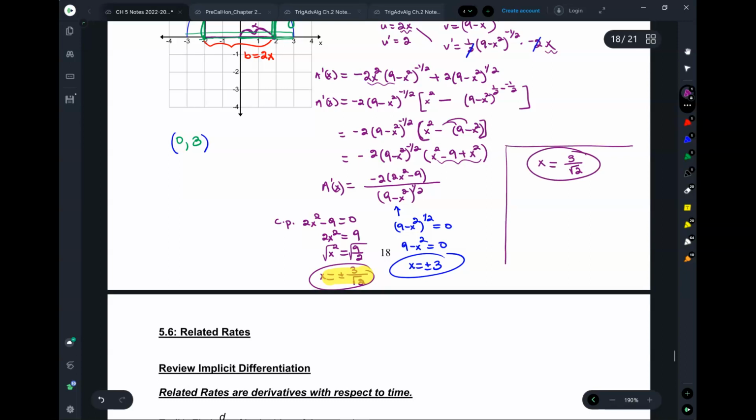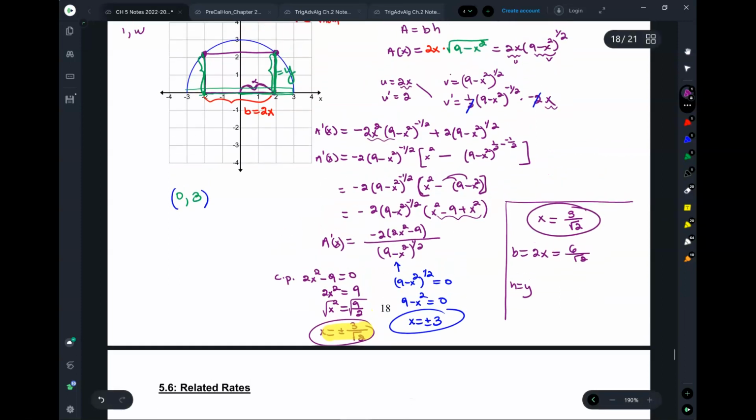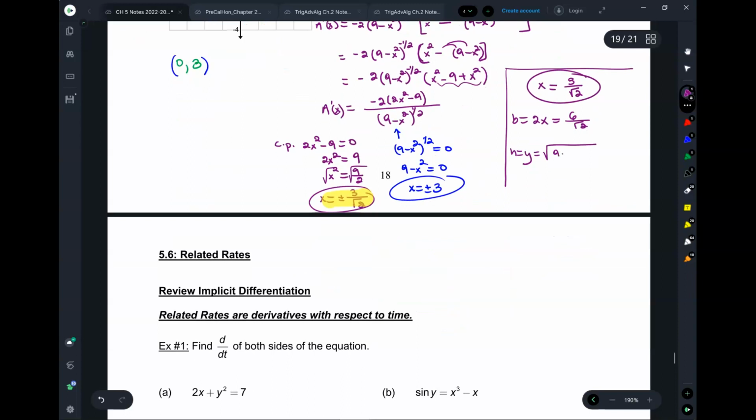So what are we going to write down for the dimensions of the rectangle? Okay, so if x is 3 over root 2, then how much is the height? What's the base? The base is 2x, which is 6 over root 2. And then how much is the height? The height is y, which is the square root of 9 minus x squared. 9 minus, what's x? 3 over root 2.